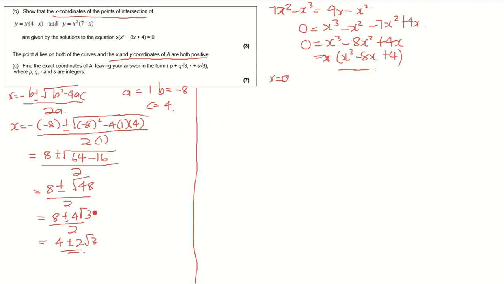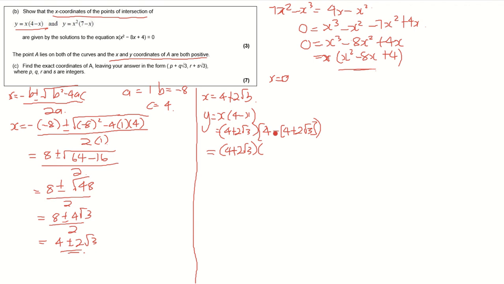Okay, so let's do this. I'm going to take x equals 4 plus 2 root 3 and substitute it into the first equation, because it's easy. y equals x(4 minus x), so that should be (4 plus 2 root 3) times (4 minus (4 plus 2 root 3)).